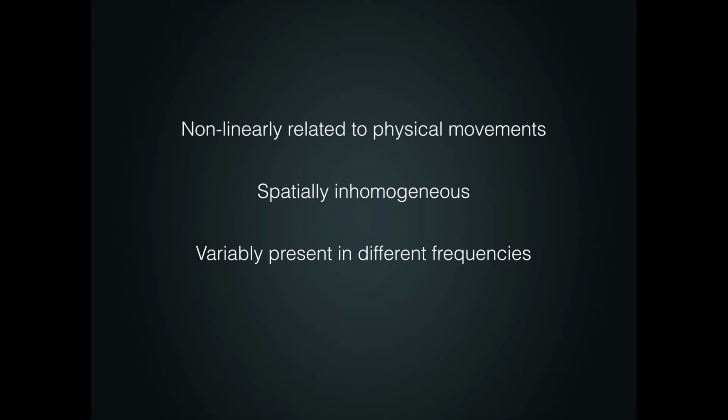To make things even more complicated, the time series themselves are non-linearly related to physical movement. So for example, for a given movement, you might observe a small spike at the front of the brain, but a large spike at the back of the brain. And as I've just described, the artifacts are spatially inhomogeneous. And in addition, they are present variably in different frequencies. And that's particularly true of spin history artifacts, which, as I described earlier, are seen as spike and drift type artifacts.